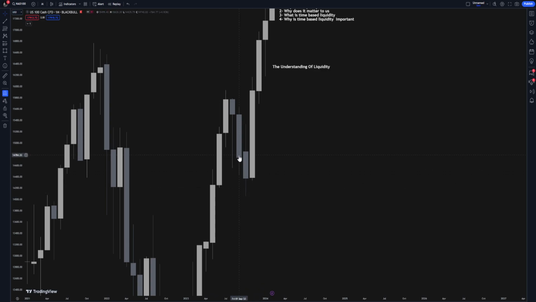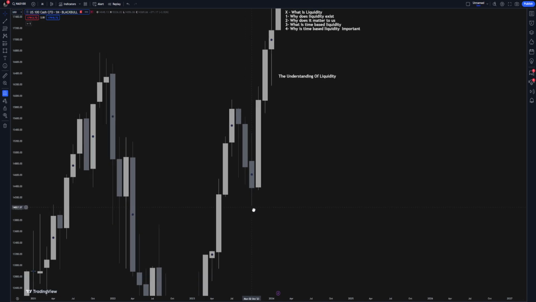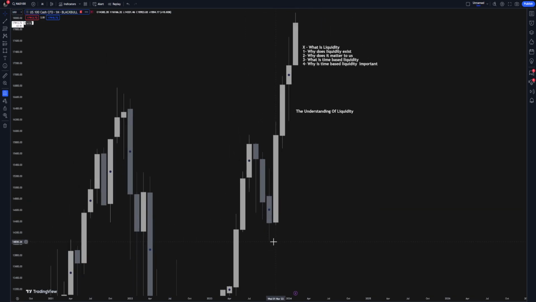Price sweeps previous month's low, drops into this zone because it has to rebalance it. They're buying this level because price is cheap. Where is the low of this candle? $14,056.